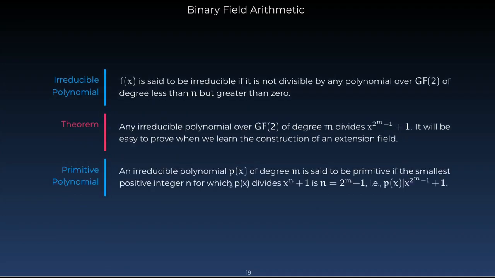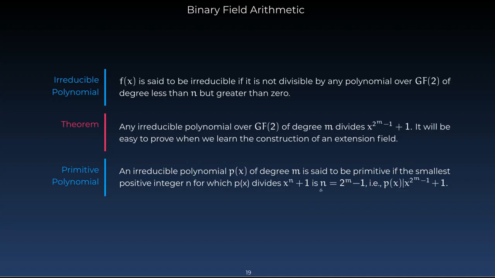Now there is another definition, that of a primitive polynomial. A primitive polynomial is basically an irreducible polynomial p(x) of degree m that is said to be primitive if the smallest positive integer n for which p(x) divides x to the power n plus 1 is n equal to 2^m minus 1.